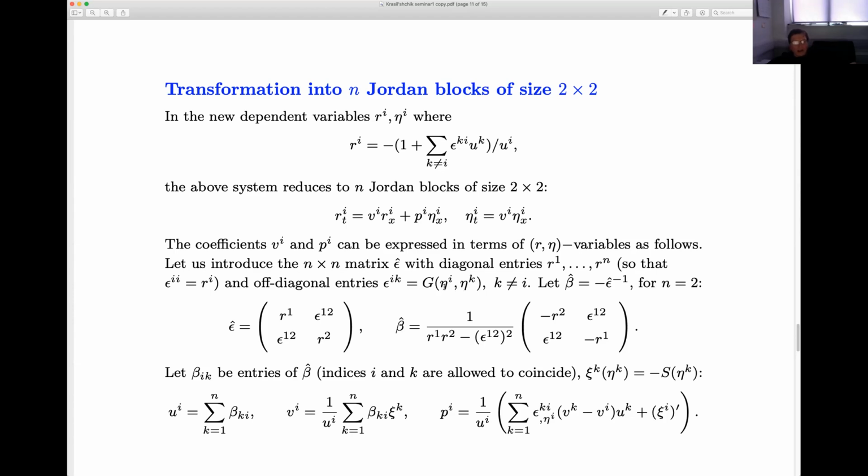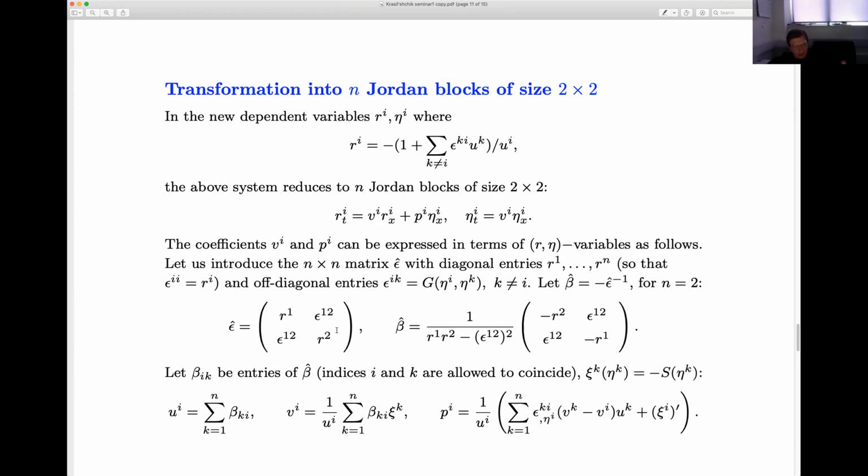Then you take minus the inverse of this matrix. Now, for n equals 2, what is this matrix epsilon hat? On the diagonal you have r_1, r_2, and above the diagonal you have epsilon_12. It's a symmetric matrix, so it's sufficient to show what is above the diagonal. Epsilon_12 is the two soliton phase shift.